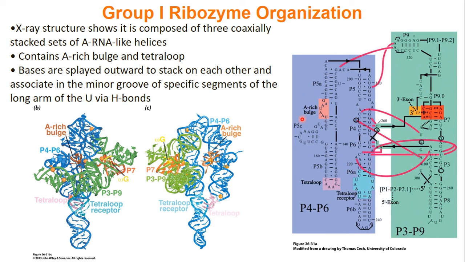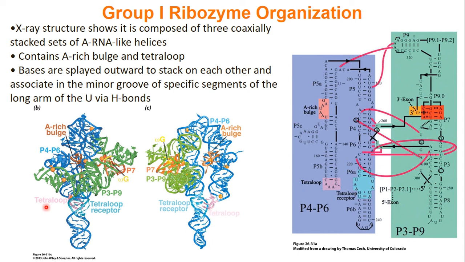Also important are this A-rich bulge and this tetraloop. What these do is that they have your bases sticking out, and you can really see it in the tetraloop here. See, our bases are kind of sticking out at the loop, and they're going to go and interact with different segments of our long arm here.